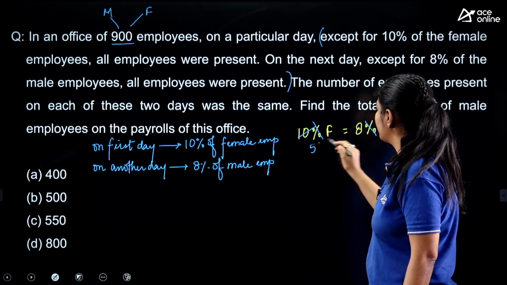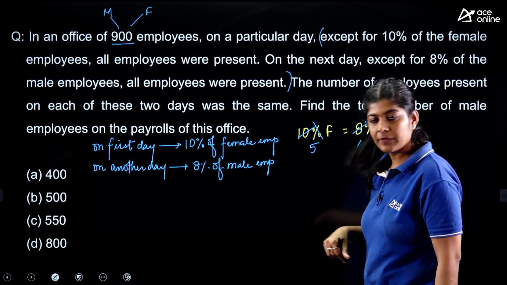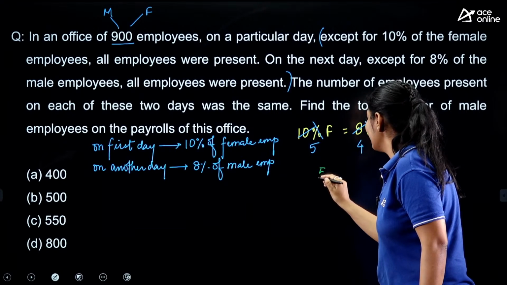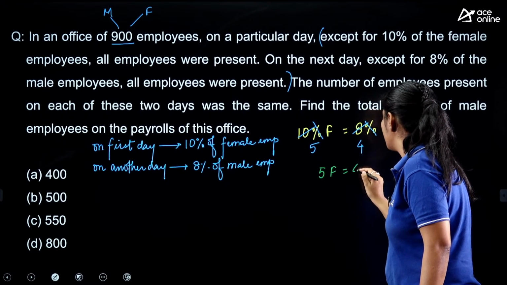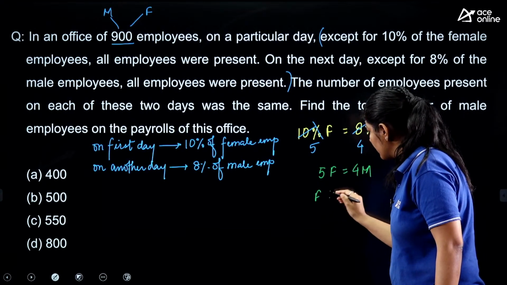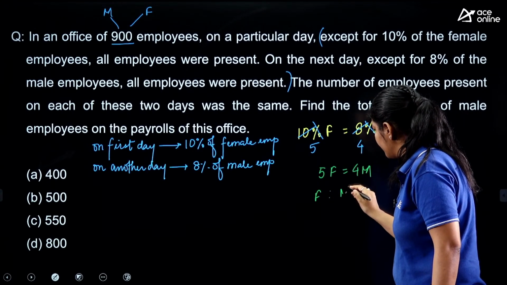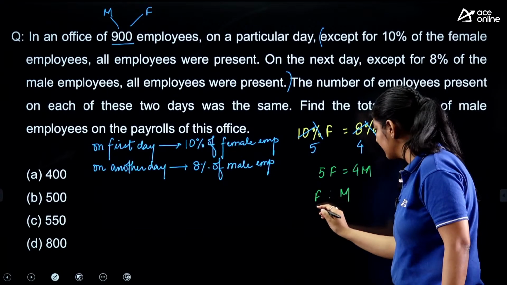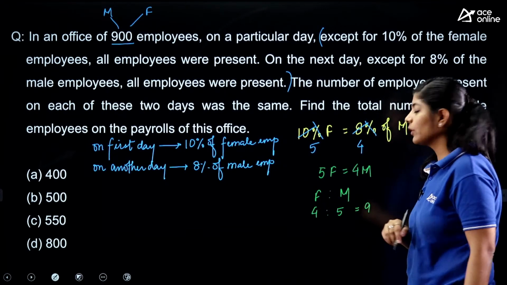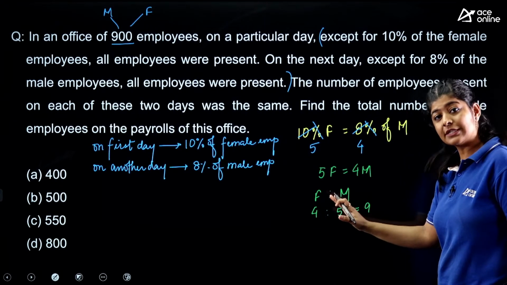Here we are left with 5 and here with 4. So 5 females is equal to 4 males, and the ratio between male and female is 4:5.